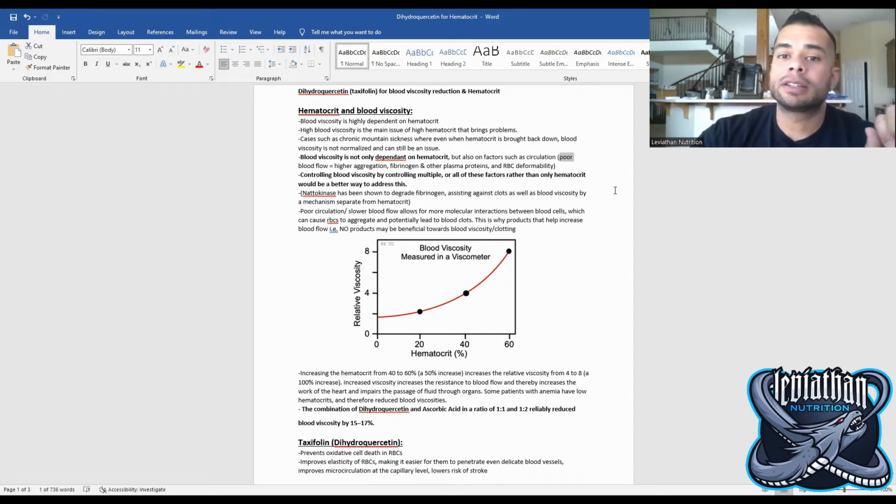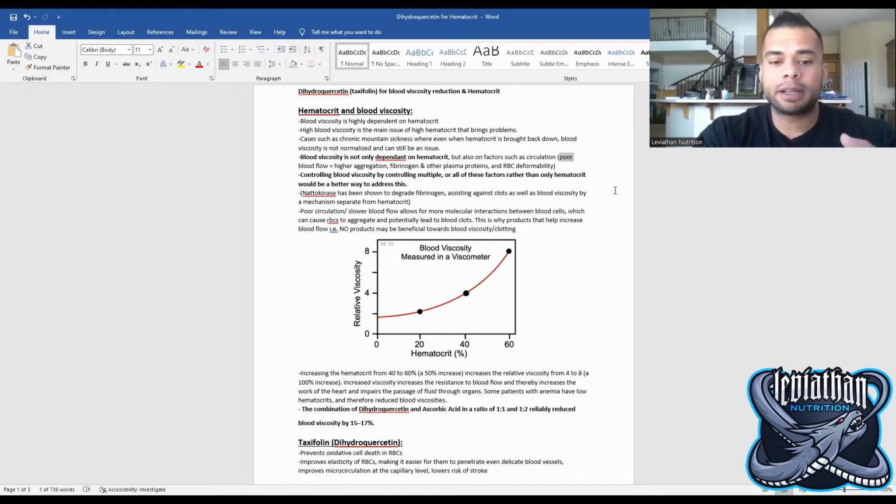Now, the last one is RBC deformability. Basically, when you have red blood cells, you want them to be kind of malleable, so they can take different shapes and squeeze through smaller capillaries and vessels in your system, so that they can pass through unobstructed.